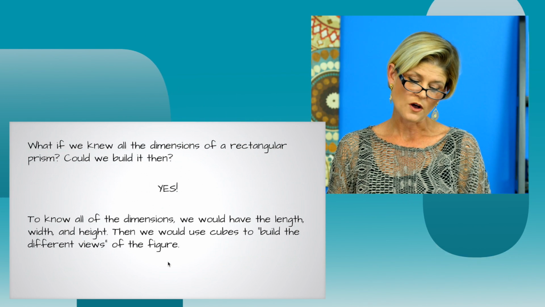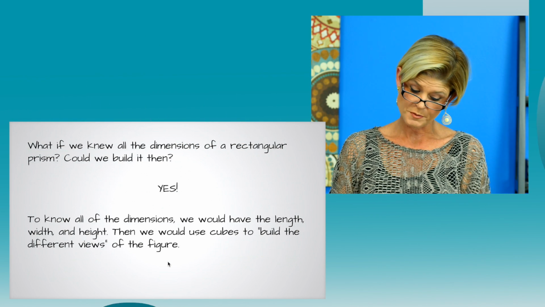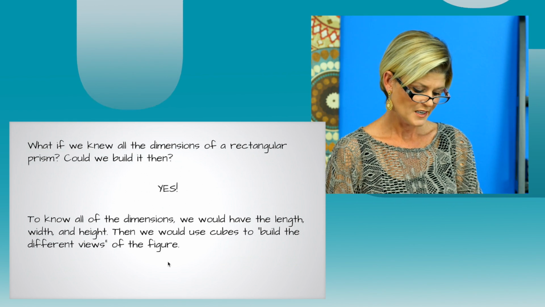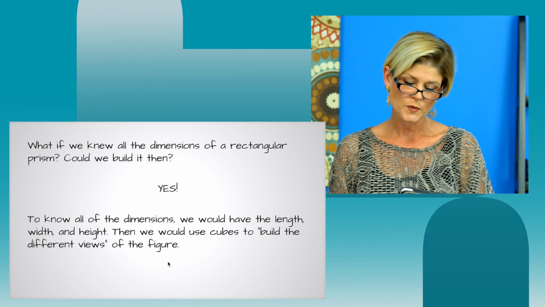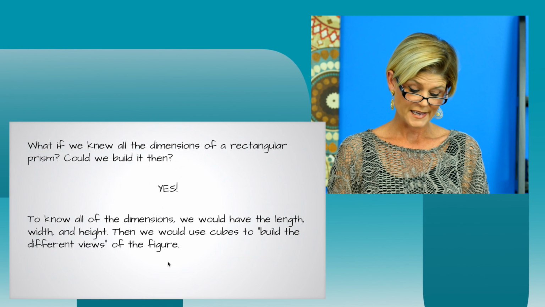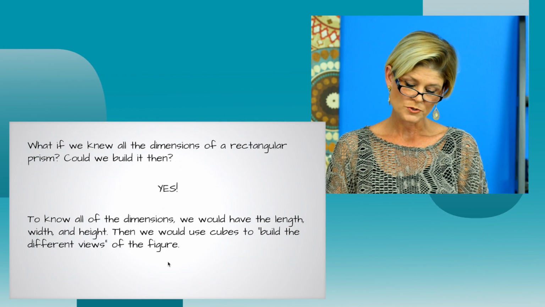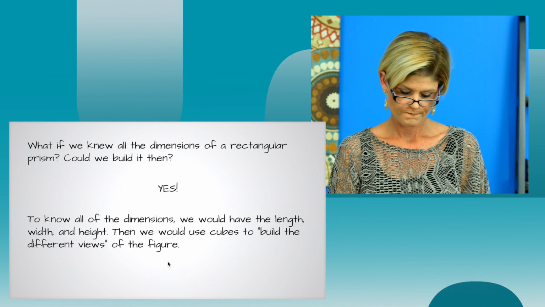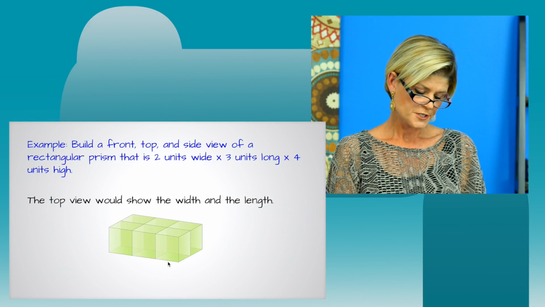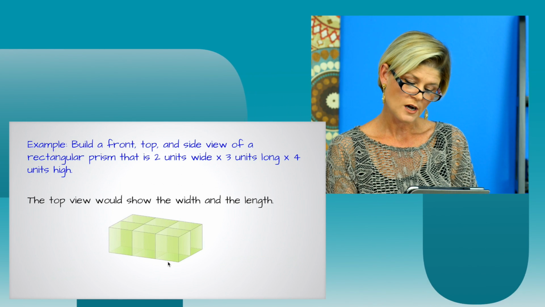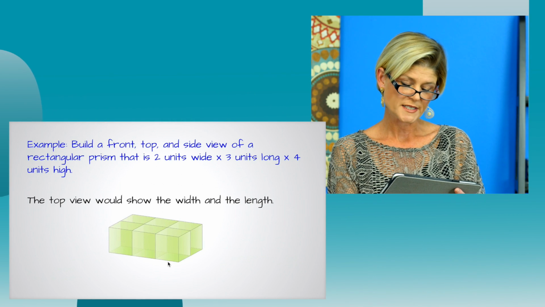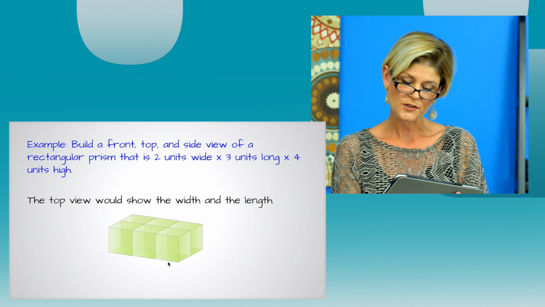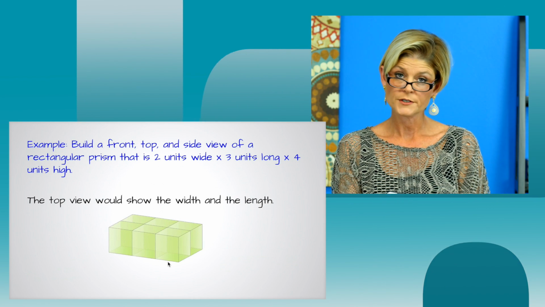So what if we knew all the dimensions of a rectangular prism? Could we build it then? Yes, we could. So to know all of the dimensions, we would have the length, the width, and the height. Then we would use cubes to, quote unquote, build different views of the figure. So here's the example. Build a front, top, and side view of a rectangular prism that is 2 units wide by 3 units long by 4 units high.